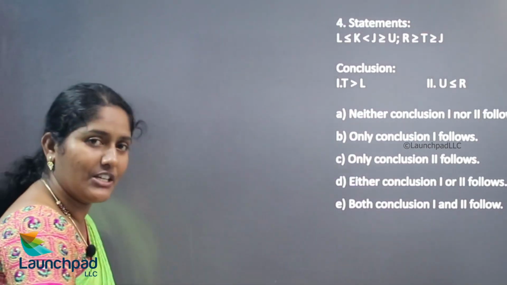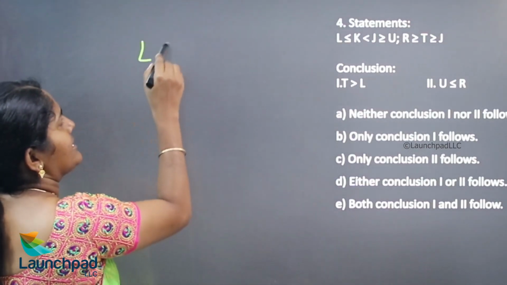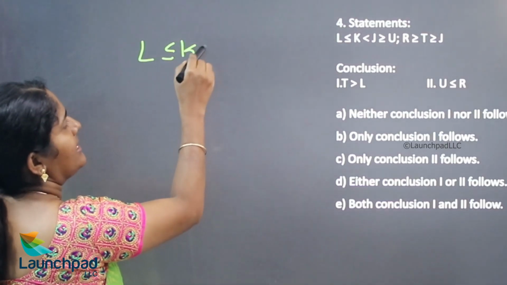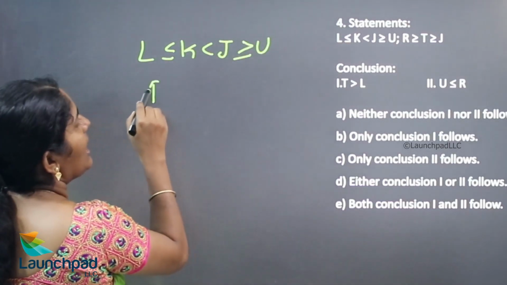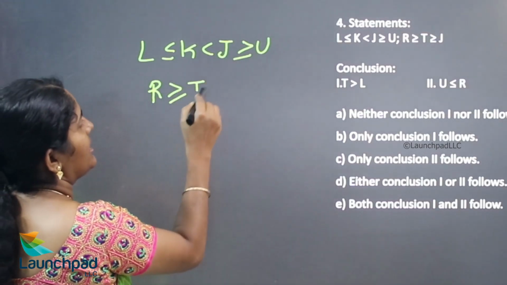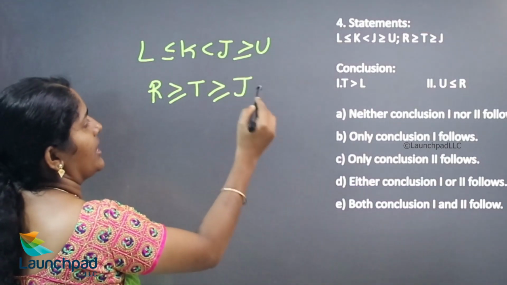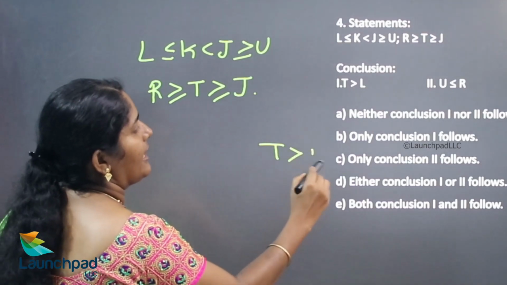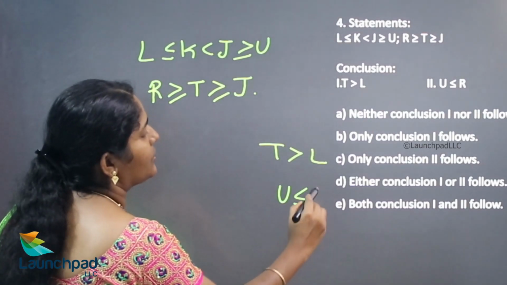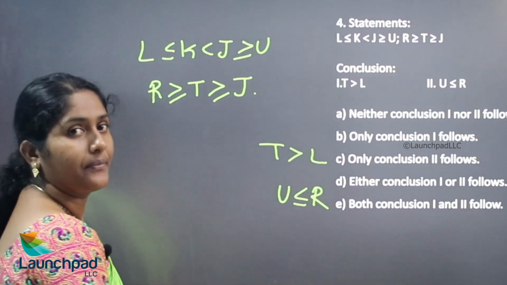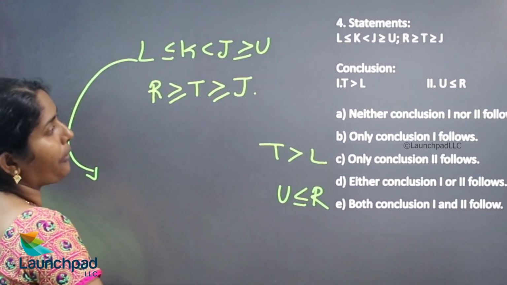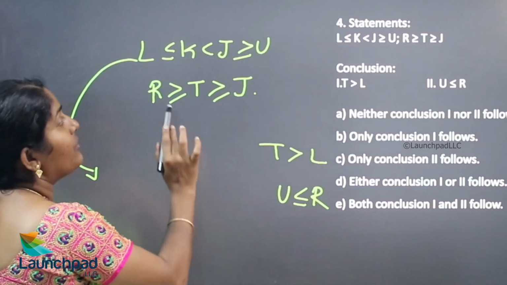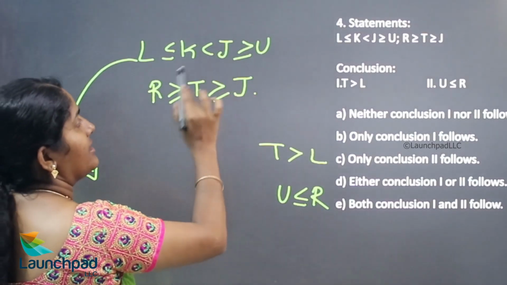Now this is your question. L less than or equal to K less than J, J greater than or equal to U, R greater than or equal to T greater than or equal to J. Conclusions: T greater than L, U less than or equal to R. What is the common letter here?